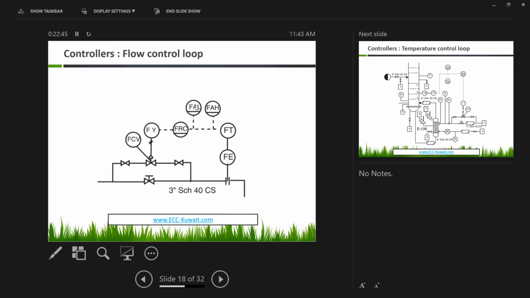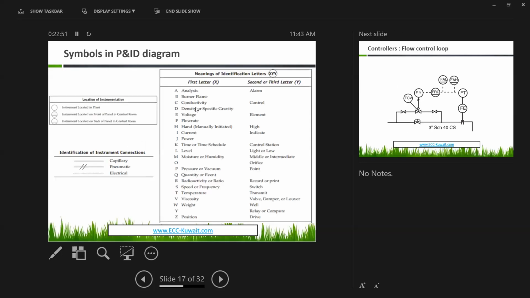How can I read these letters? We will go to this table: F, flow rate; A, alarm, the second letter; and H is high. And if it is L, this is low.